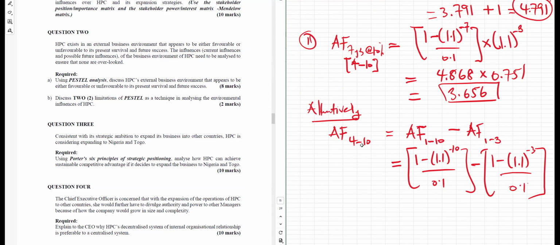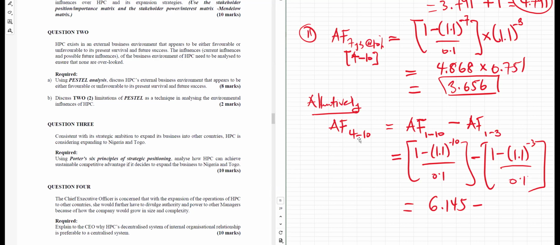The 10-year annuity gives 6.145. And 1 minus 1.1 raised to the power minus 3 divided by 0.1 is 2.487, right?